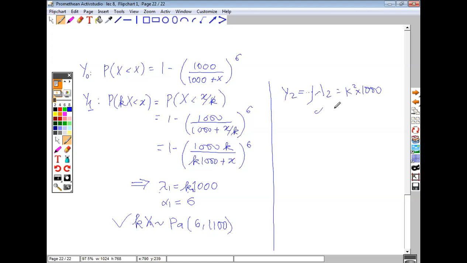And what do you think my alpha 2 will be? It won't change. Same, right? Perfect. So what will be my k square x following? So this is my x2 and this was my x1. 1210, right? Yes.